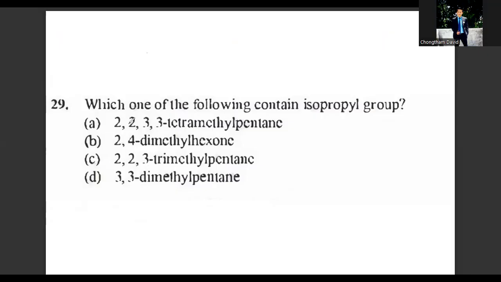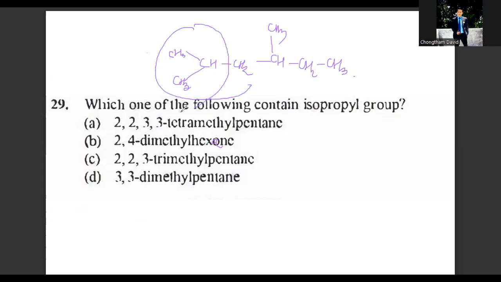If you write the structure of 2,4-dimethylhexane, CH3, CH3, CH2, CH3, CH2, CH3. So this is your 2,4-dimethylhexane. You see the isopropyl group is present here. This is the isopropyl group. So 29 will be B.